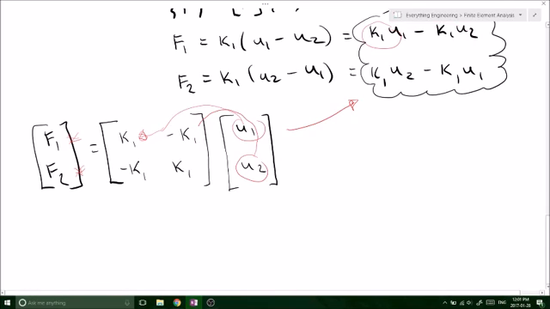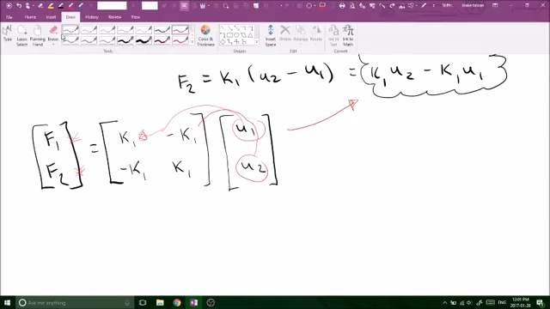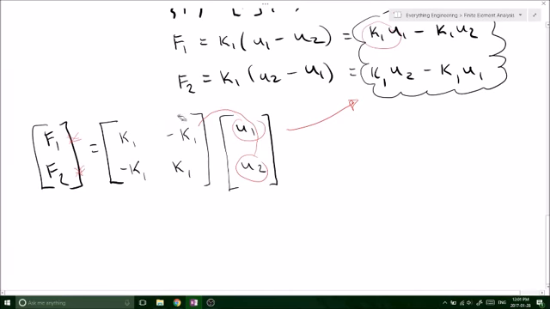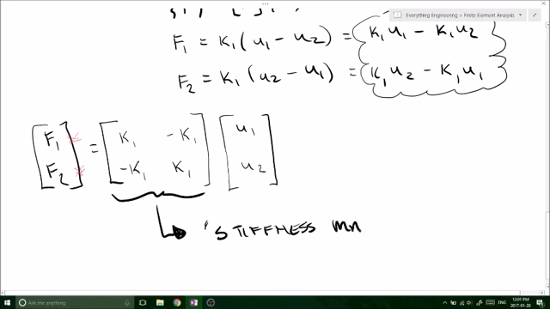So we do know that these are equivalent, and this is what we will get if we did our matrix multiplication. Now, basically, we've solved and created our stiffness matrix.